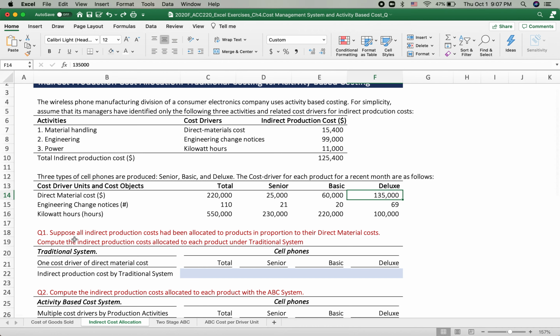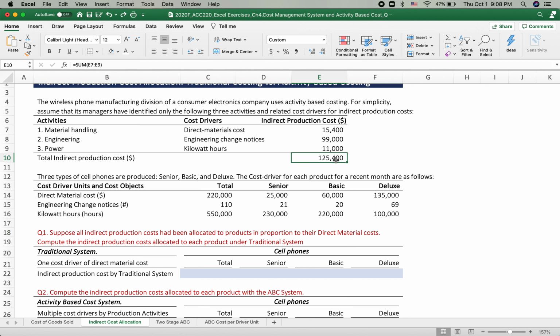Question number one: suppose all indirect production costs had been allocated to products in proportion to the direct material cost. We are using just a single cost driver. Compute the indirect production cost allocated to each product under the traditional system. Okay, so we have only one cost driver, which is the direct material cost.